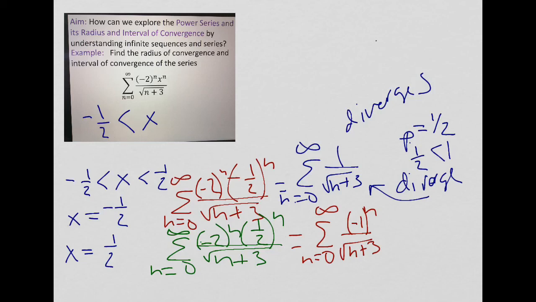With the alternating series test, we need to say a sub n is 1 over square root of n plus 3, similar to what we had before. But it's alternating, so let's see what's happening here. Is the limit of this as n approaches infinity equal to 0?